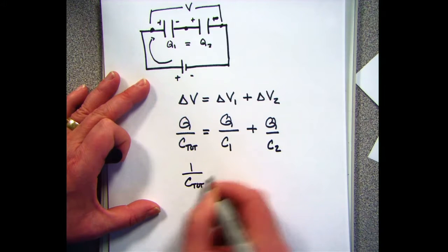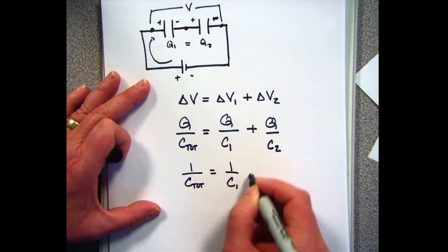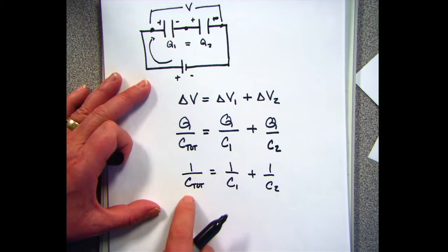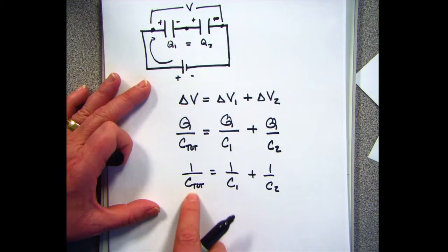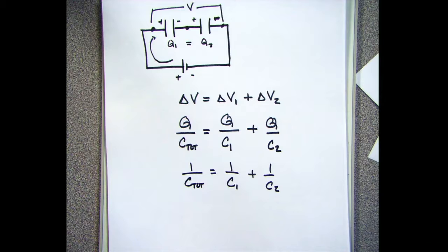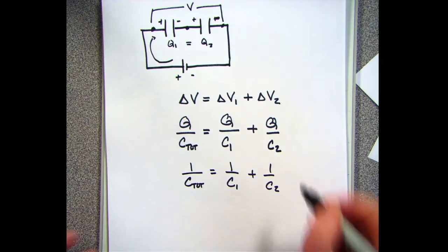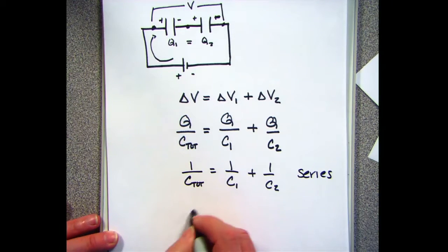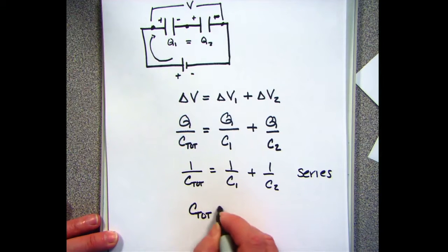Your common mistake when you work the problems is you forget to take care of the inverse. So make sure you worry about that when I'm in series. C total is going to equal C1 plus C2 when I'm in parallel, and 1 over C total equals 1 over C1 plus 1 over C2 when I'm in series.